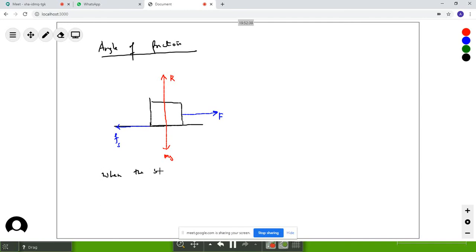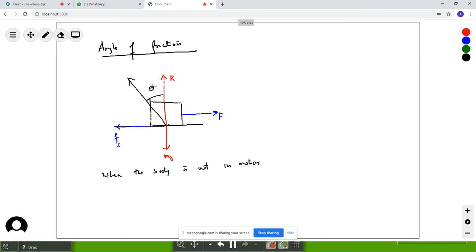When the body is not in motion, it means Fs is heavy. So even if you are pulling it, the resultant of these two forces is somewhere on this side. Because when the resultant is on the other side, it means F is heavy and the body will start moving. Correct?